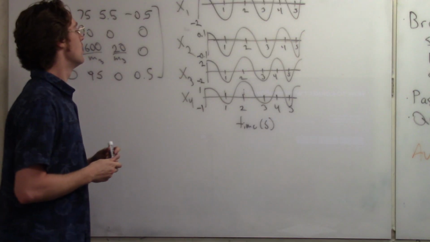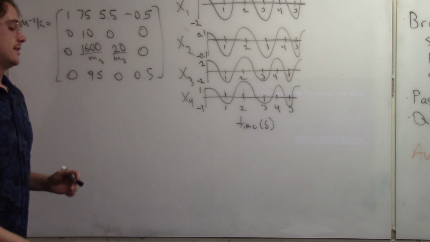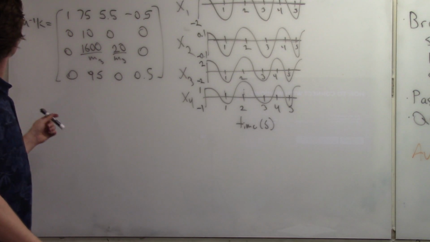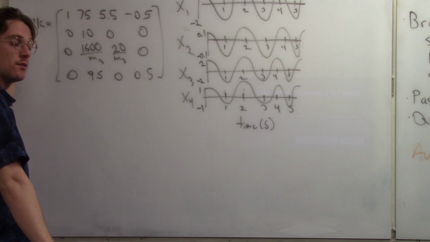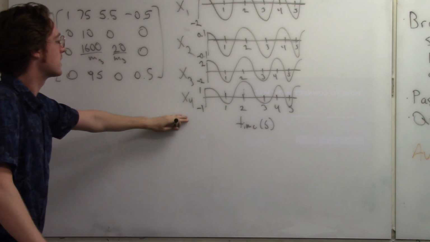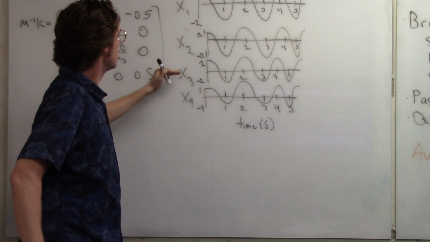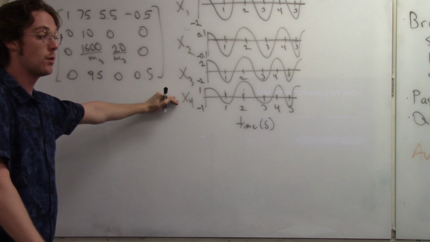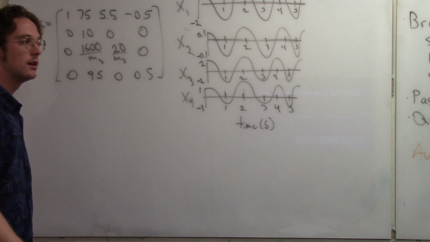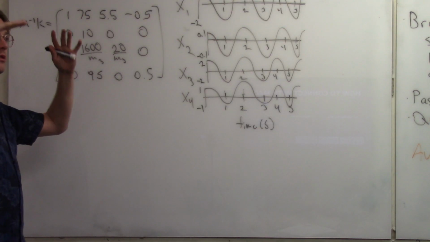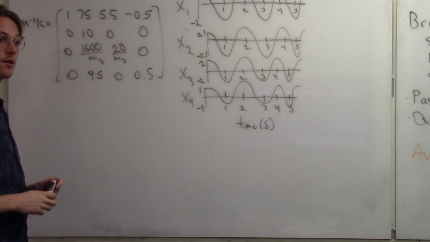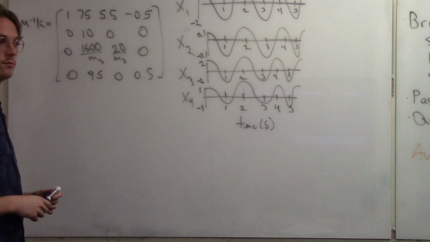Now, what we need to recognize is we're given omega squared, or omega, we're given M inverse K, and we're given the graph. Essentially we can represent this bicycle as 4 parallel mass spring systems that are coupled, because they're all part of the same bicycle.